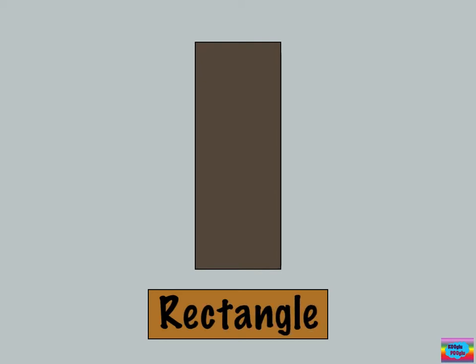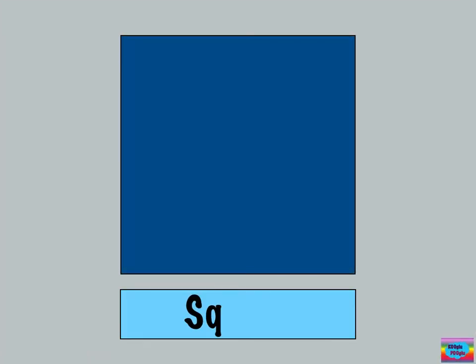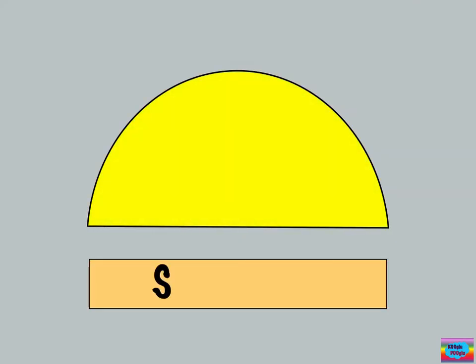And you might see these in a window. Of course, it's a square. And you might see in some houses a half circle window, or you can normally call it a semicircle.